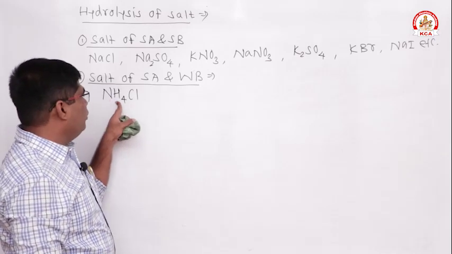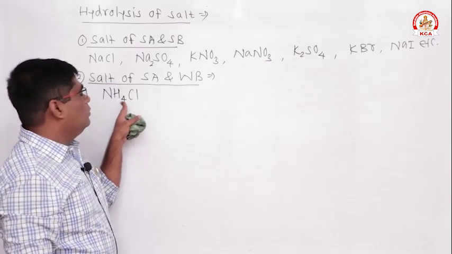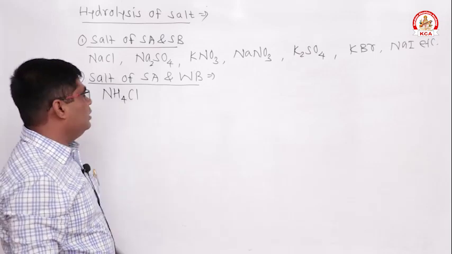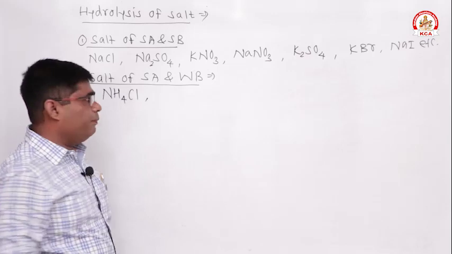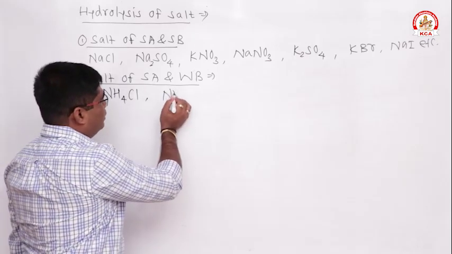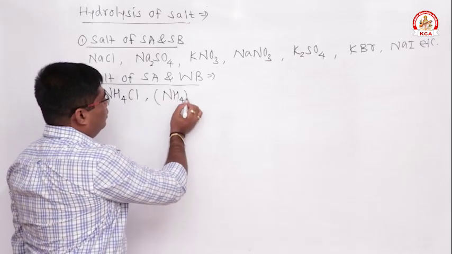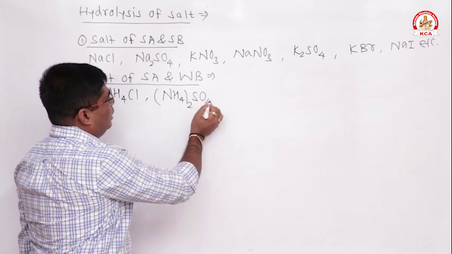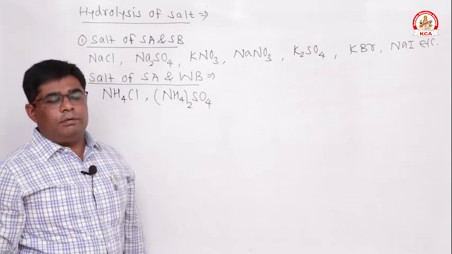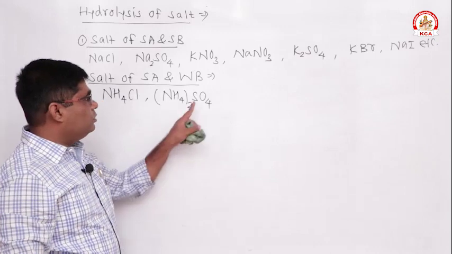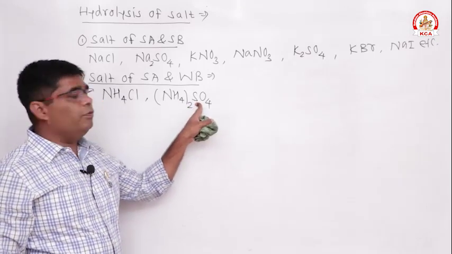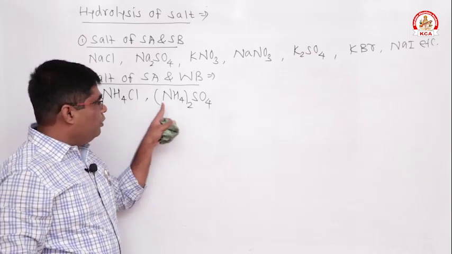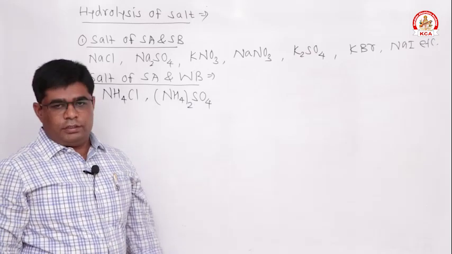Here, in ammonium chloride, ammonium hydroxide is the weak base, HCl is the strong acid. Then, ammonium sulfate, (NH4)2SO4. It is also salt of strong acid, weak base. Strong acid कुठलं? H2SO4. आणि weak base कुठला?